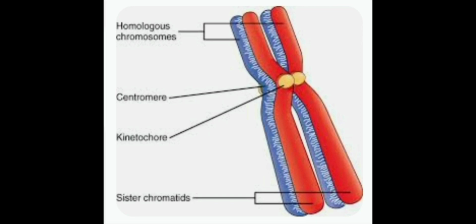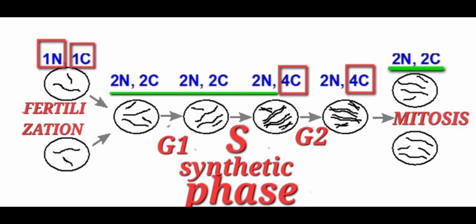But each pair of sister chromatids are still together, attached by the centromere. So, it is still counted as a single chromosome or replicated chromosome. So, the chromosome number remains unchanged at 2n.